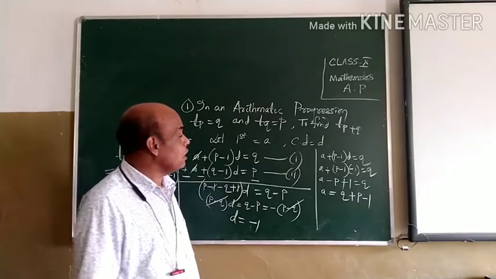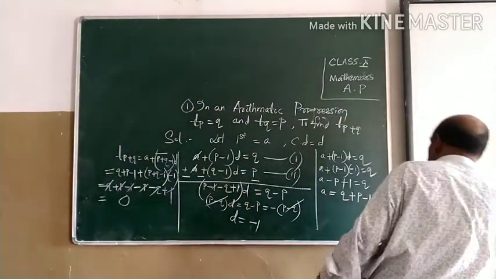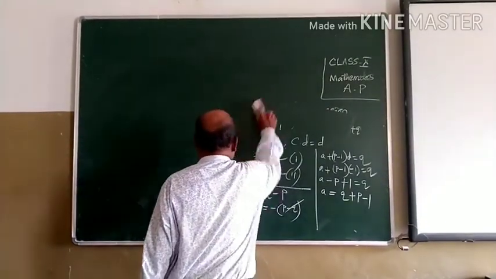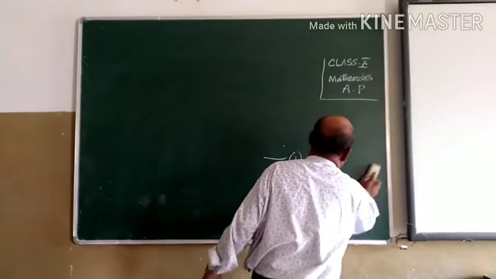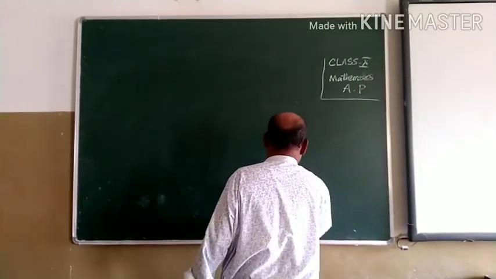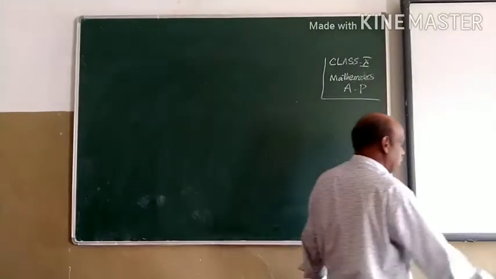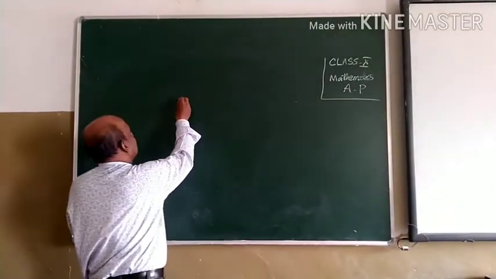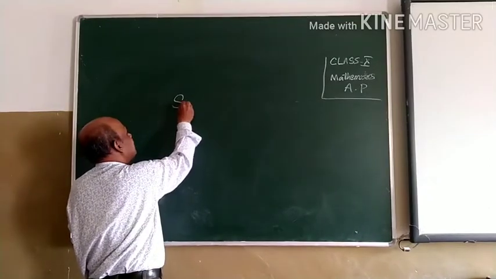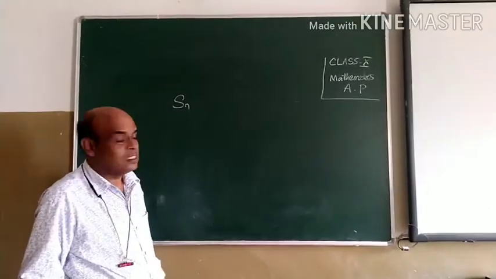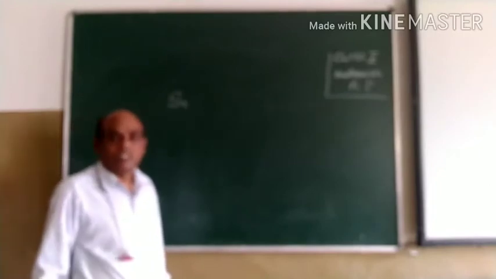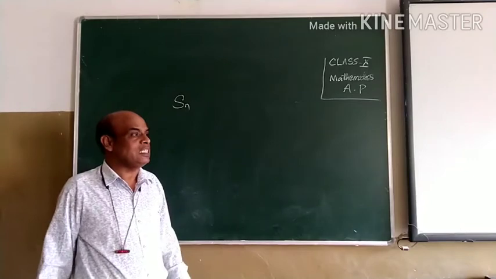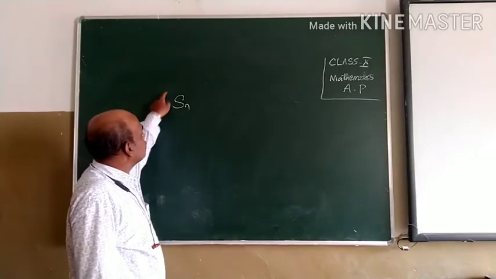Now another thing you have to remember. Suppose in an arithmetic progression, Sn is given. Sn means in a progression, if there are n terms, the number of terms is n, and you have to find the sum.